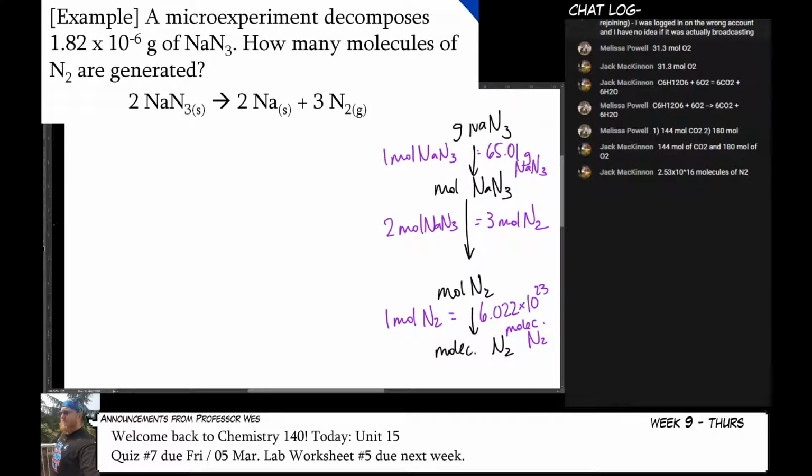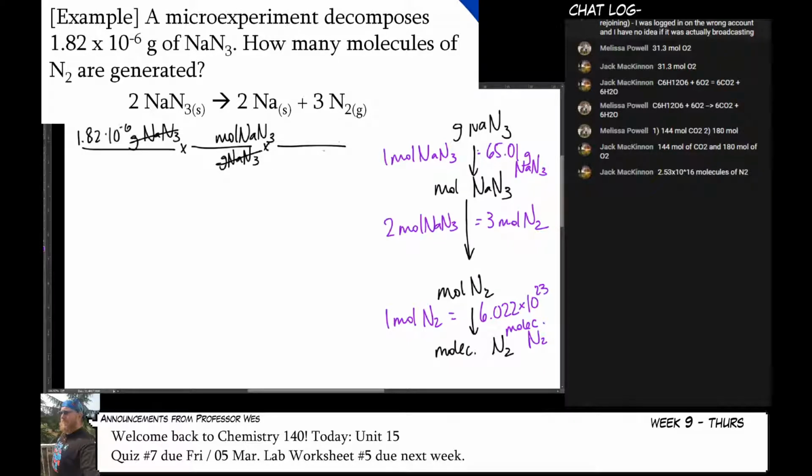And now we're all set, so now we can do the problem. So I'm going to use this tiny amount, 1.82 times 10 to the minus 6 grams. Doesn't matter that it's small. We do the problem exactly the same way. So we'll go grams NaN3, so that these cancel out. Moles of NaN3.